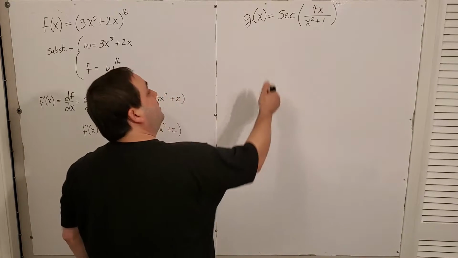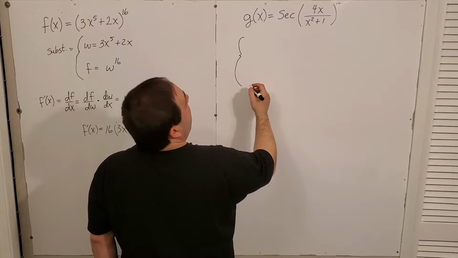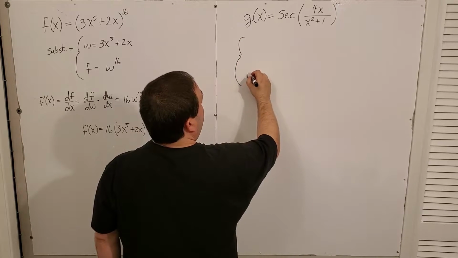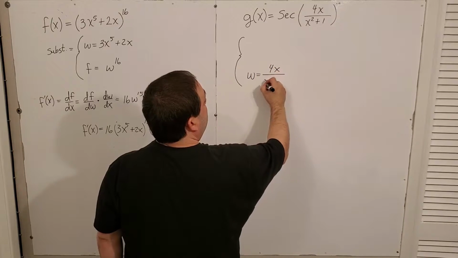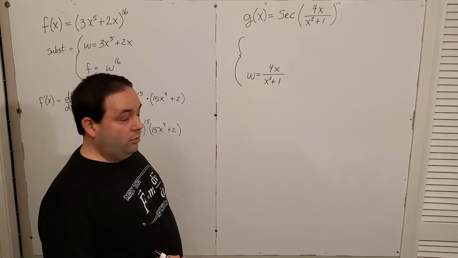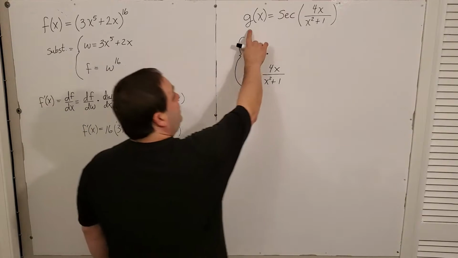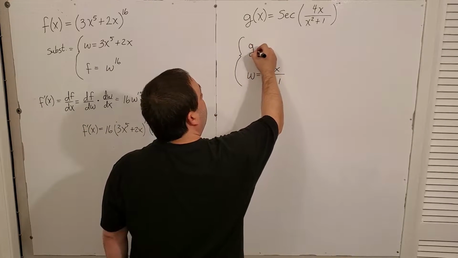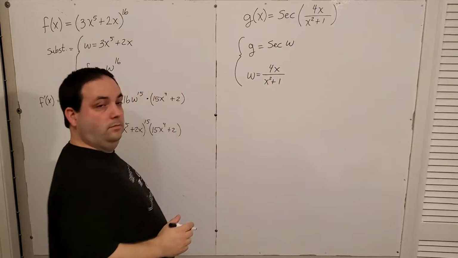So when I do my substitution, right, I'm going to say that w is equal to the inside function. Notice that's pretty much the standing operating order there. I just let w represent the entire inside piece. And then g is going to equal secant of w, right?